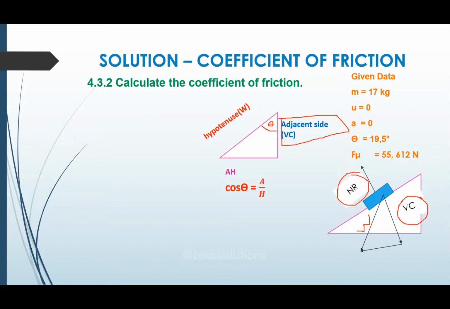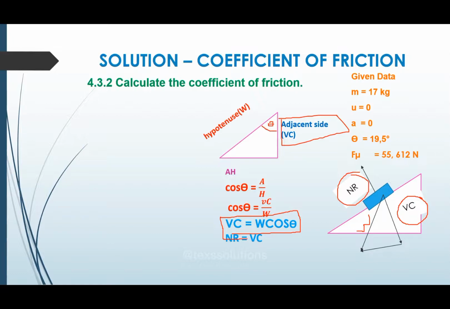So cos is adjacent over hypotenuse. My adjacent side is the vertical component and the hypotenuse is the weight. So the vertical component is then calculated as W cos theta. So on an inclined plane, the vertical component of weight or gravity is calculated as W cos theta.